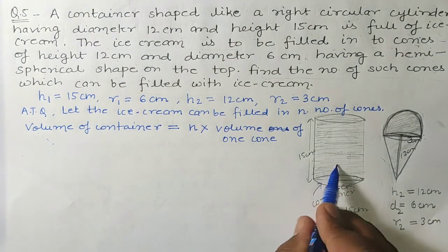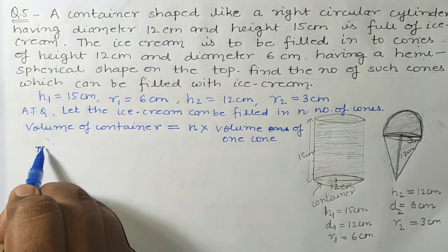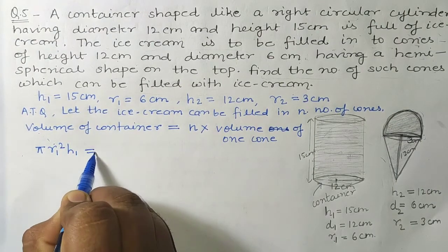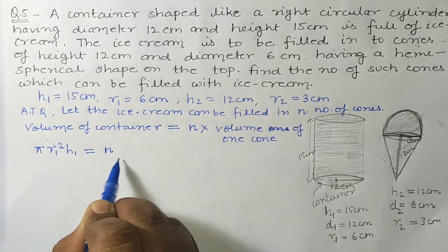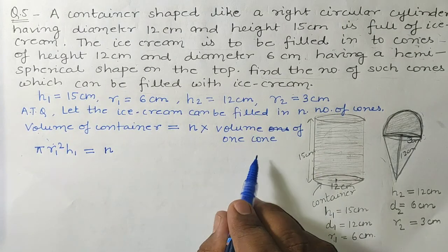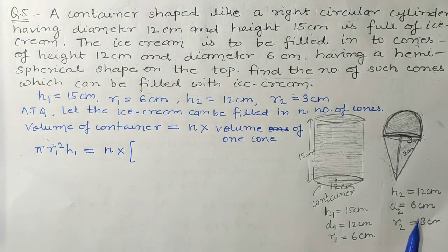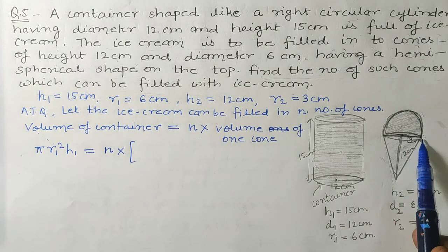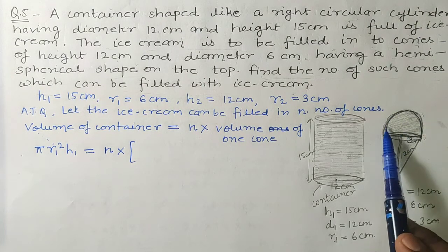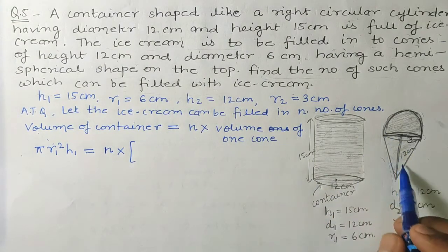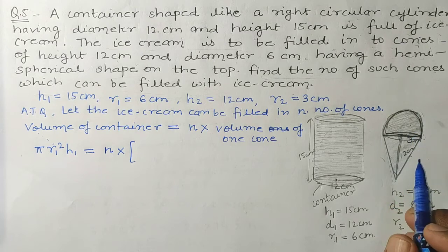Volume of container, it is in the form of a cylinder, so it will be pi r1 square h1 is equal to n into the volume of one cone. See students, in one cone there is a cone and a hemisphere, so the volume of one cone means the volume of cone plus hemisphere.